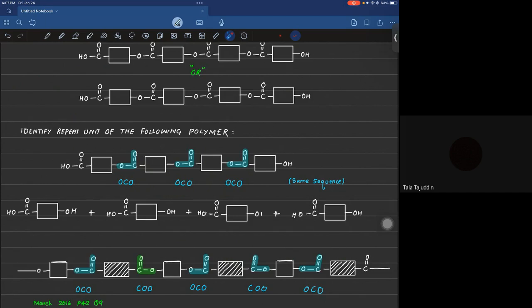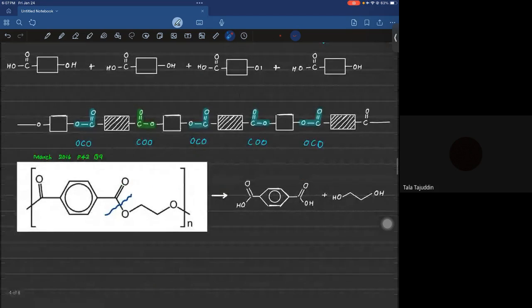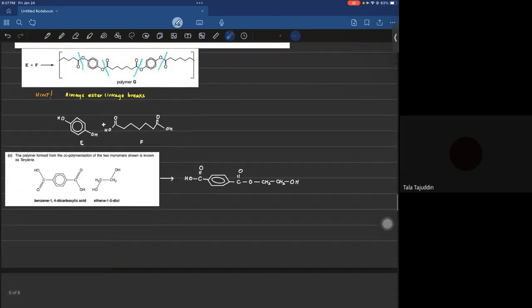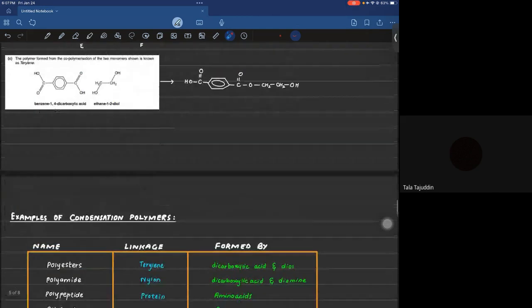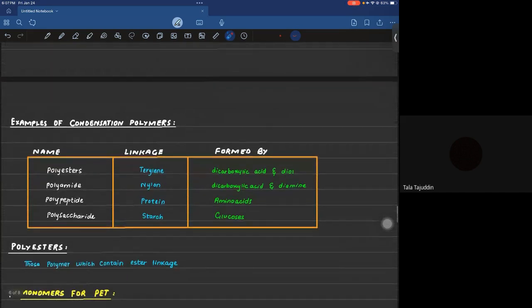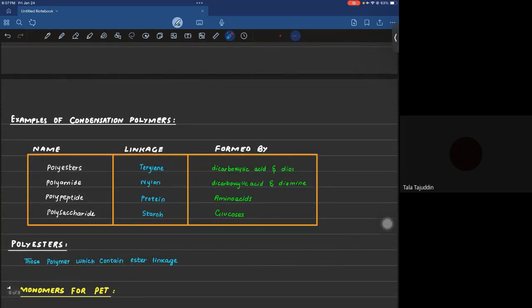That's the idea. In today's class, these are the questions that we did yesterday. I would be telling you there are different examples of condensation polymers, including polyesters, polyamides, polypeptides, and polysaccharides.